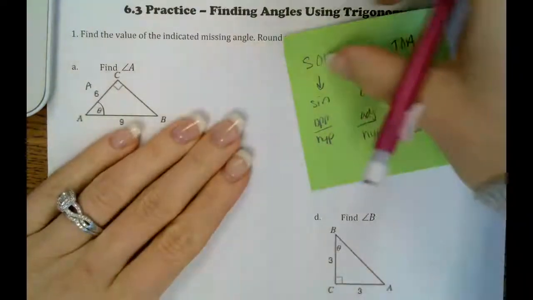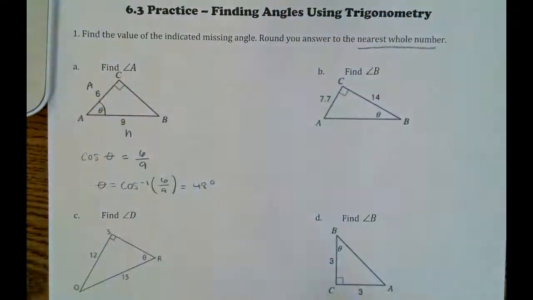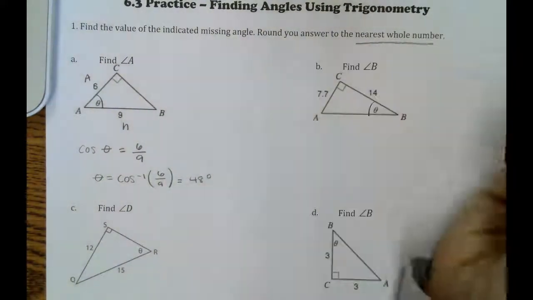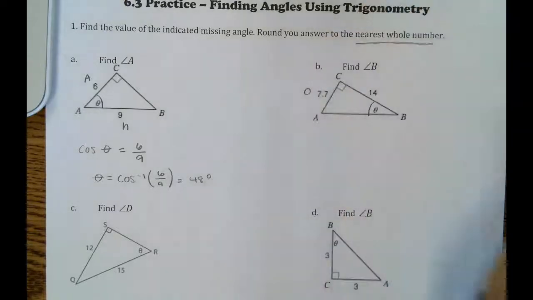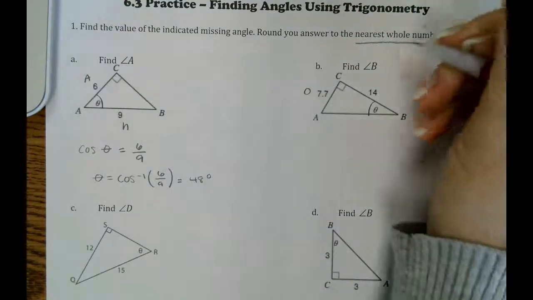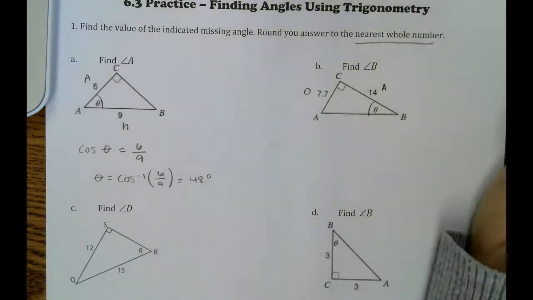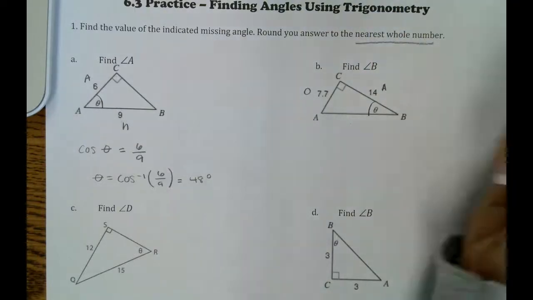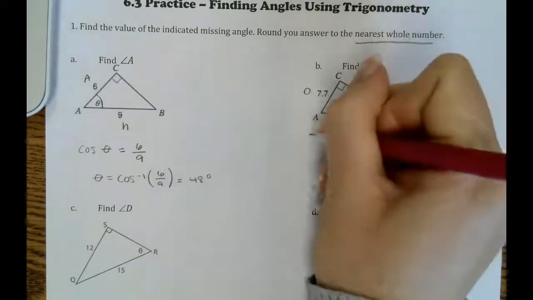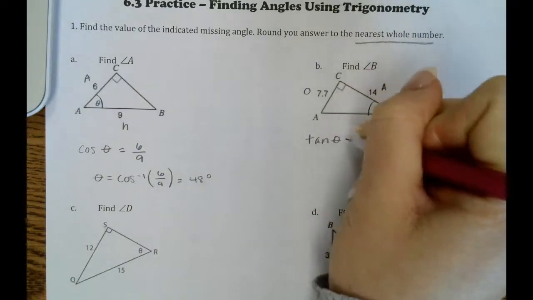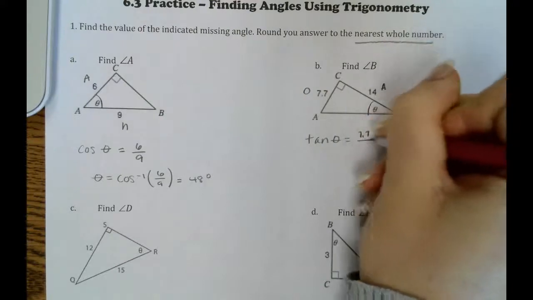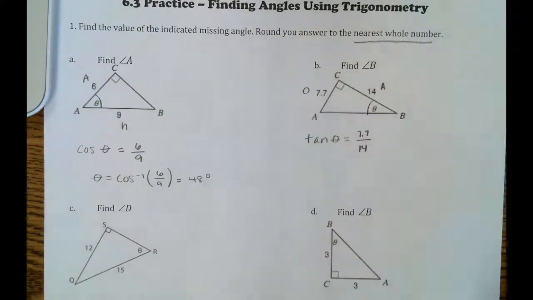Okay, so our next letter here is letter B. So it says find angle B. Straight across from angle B is our opposite side of 7.7. And then this side over here is adjacent, and our hypotenuse is over here. We're not going to be using the hypotenuse. O and A is tangent. So tangent of our angle is opposite over adjacent.